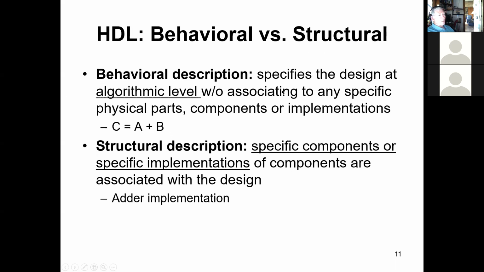But we're not specifying what kind of gates we're going to use. We may not even at this point be specifying whether we're making a chip or programming an FPGA. And we may not even be deciding how many bits wide these variables are going to be. But we just know we want to be able to add an A and a B and get a C. We probably aren't talking about what kind of adder we want: ripple, carry look ahead, carry propagate, whatever.